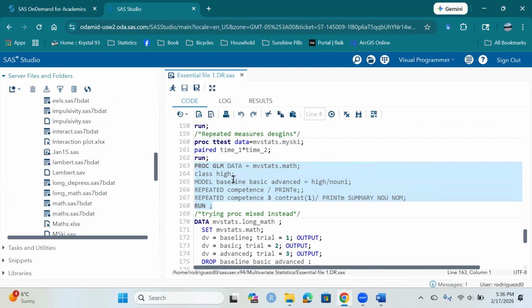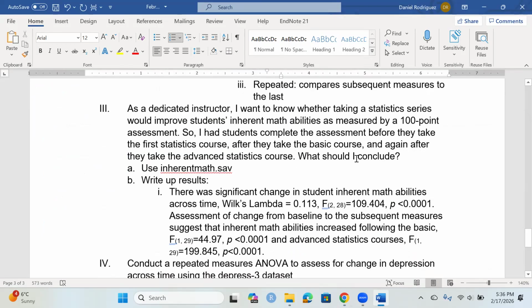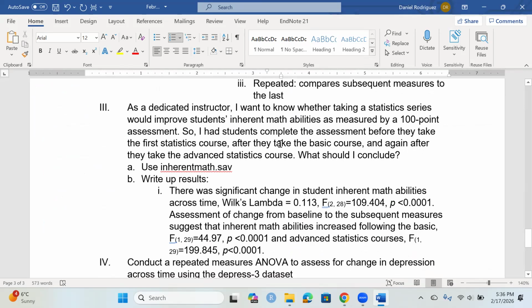Now, what I did here was go back to the screen. Let me see if I did that here. I may not have saved it in this version. A student completes the assessment before they take a test.